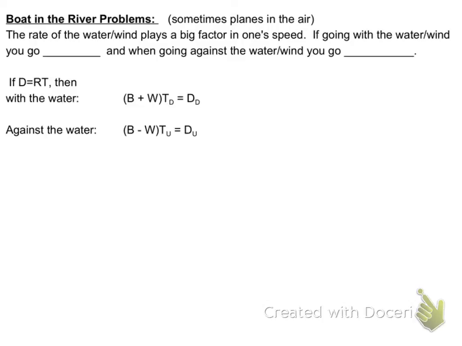Not very fast. 8 miles an hour, because I'll add my speed with the speed of the river. Now, I got to return back home and go back upriver. How fast am I making that trip now? 2. Because my 5 mile per hour speed will be counteracted with the 3 mile per hour current going down to give me a 2 going up.